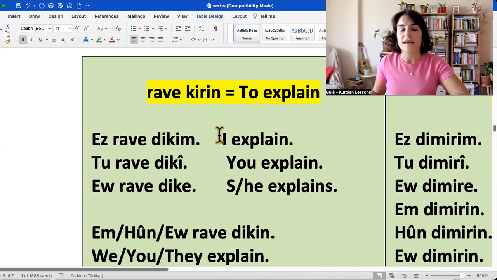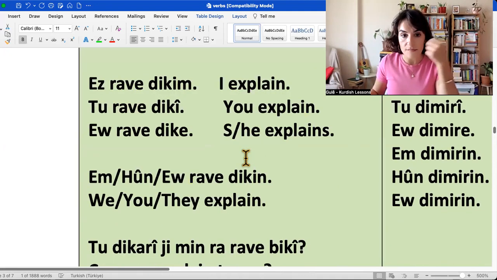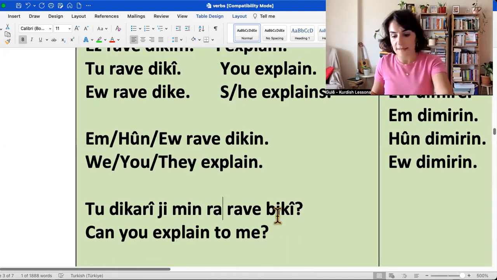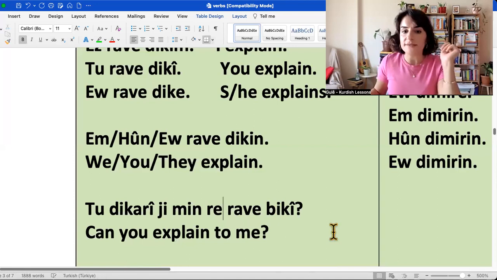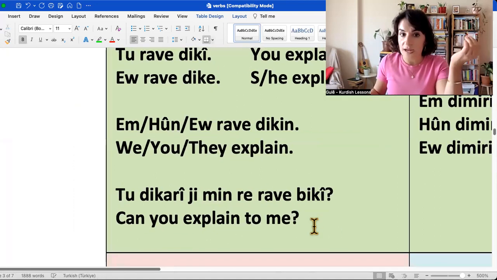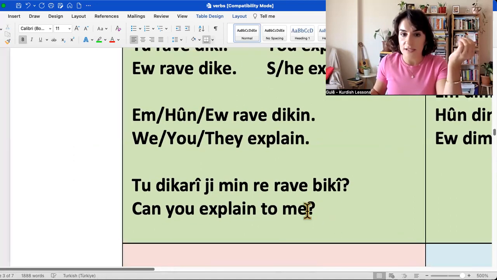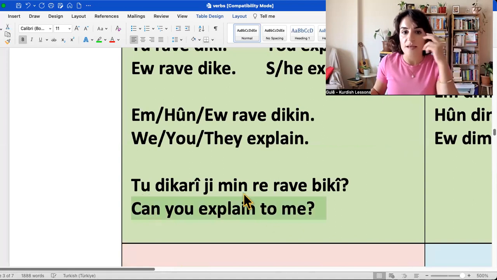And negative as ravenakam, to ravenaki, أو ravenake, أم هون أو ravenaka. So here we have an example. To تخرج من الرغبة. Can you explain to me?